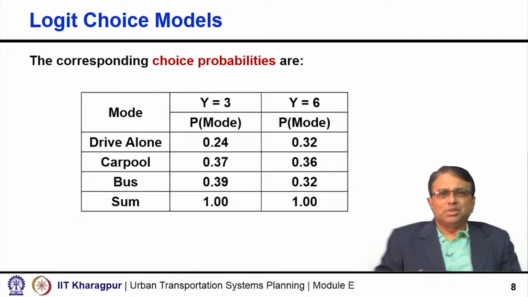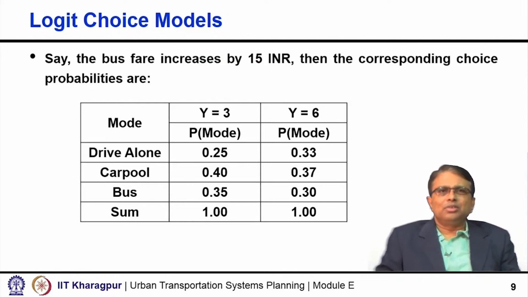So, as the income is increasing, there is a higher probability of using drive alone, and also you observe lower probability of using the bus, which are both quite logical observations, right. As income goes up, there will be less probability of using bus and more probability of using car, that is reflected. So, that way we can calculate.